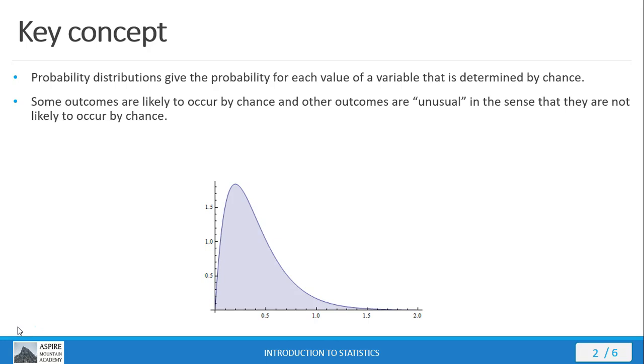Now, some outcomes are likely to occur by chance, and other outcomes are "unusual" because they're not likely to occur by chance. So this concept that we've seen in previous mini lectures with the range rule of thumb separating out "usual" from "unusual" events is going to continue on here in probability distributions.